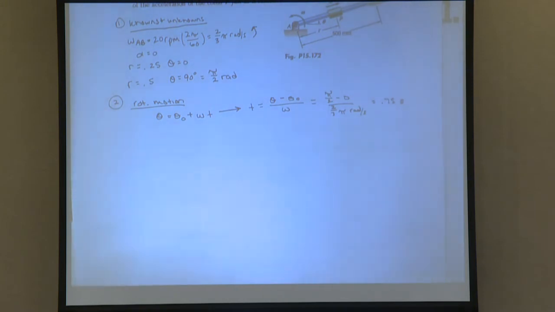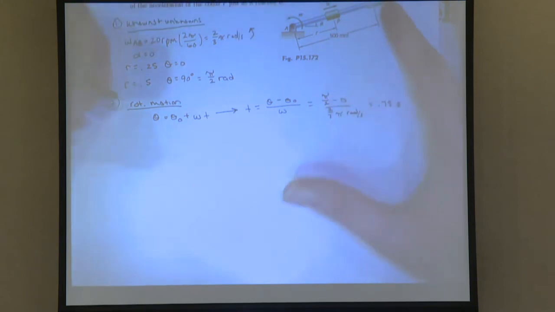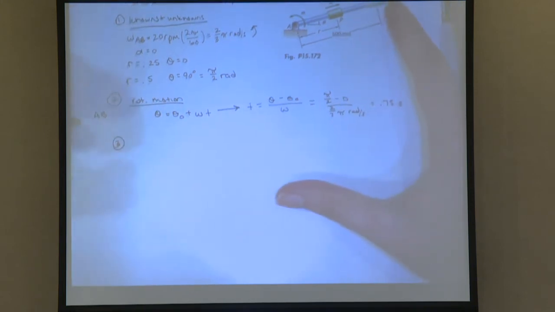Now there's another thing that we have to look at. Basically, what we did was we looked at rod AB first. So this was for AB. Now we can look at P relative to AB.